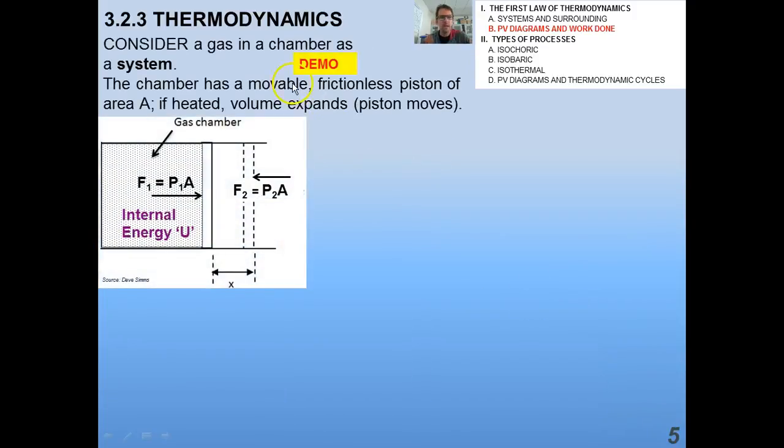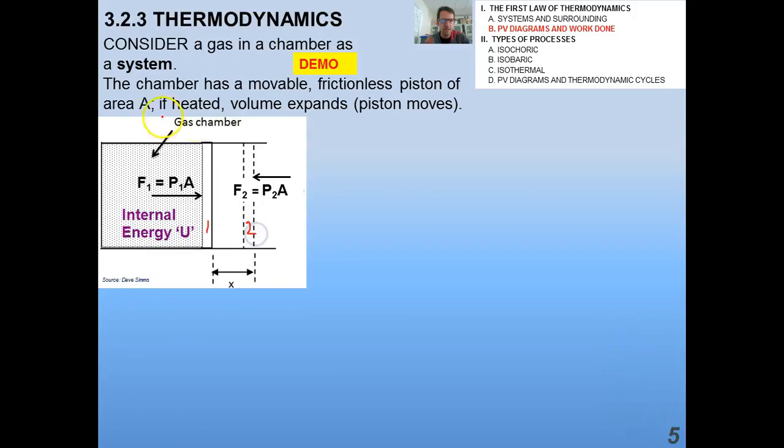All right. Okay, so if I consider a gas in a chamber as being the system, that's the stippled area inside of this chamber, that's my system. And if the chamber has a movable frictionless piston of area A, which is right here, and the volume expands if it's heated, so I'm giving it internal energy, it will expand, meaning that the piston moves from position 1 right here to position 2.